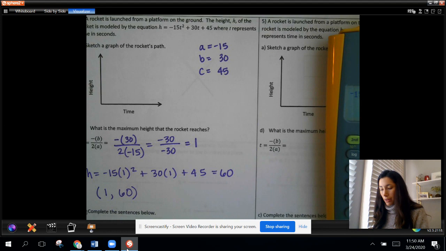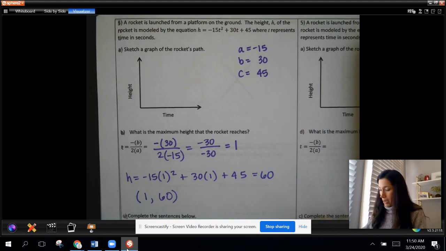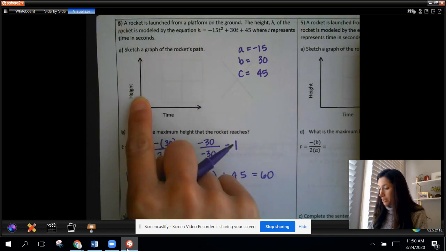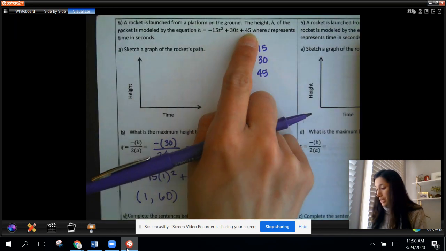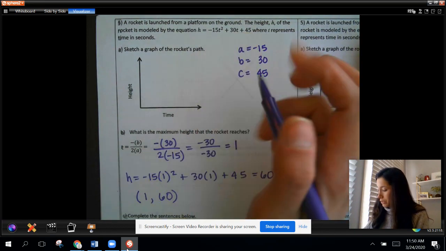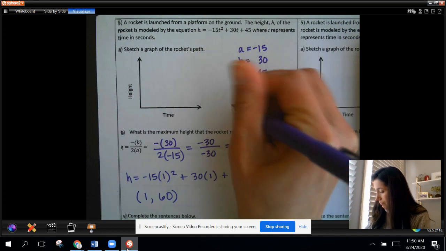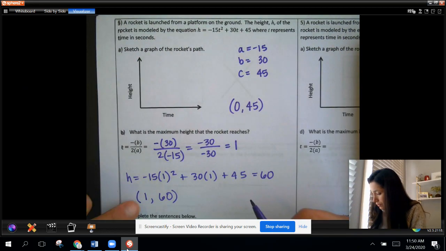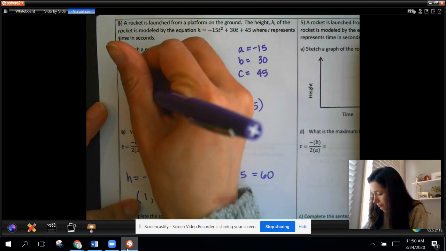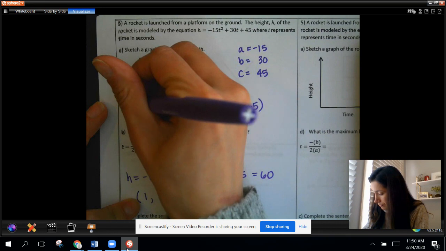And then if we wanted another point just for the purposes of the sketch, on my y-axis here, if I plug in 0 for time, I'd get a point at 45. So we also have one other data point of 0, 45. So it might be nice to scale our graph by 15s: 15, 30, 45, 60.